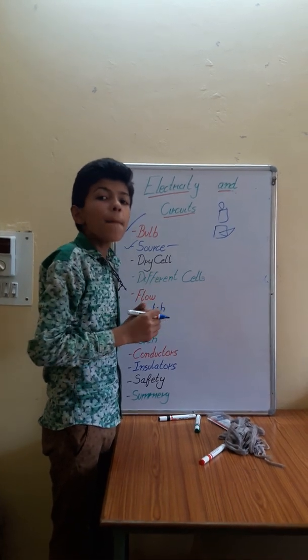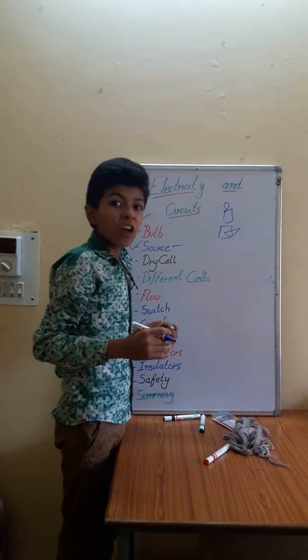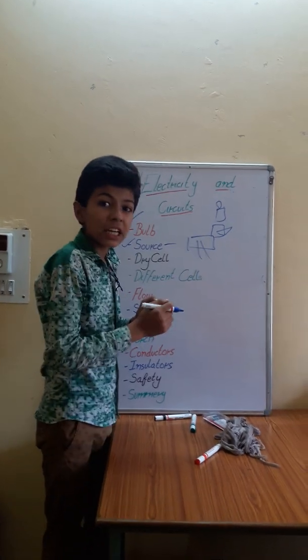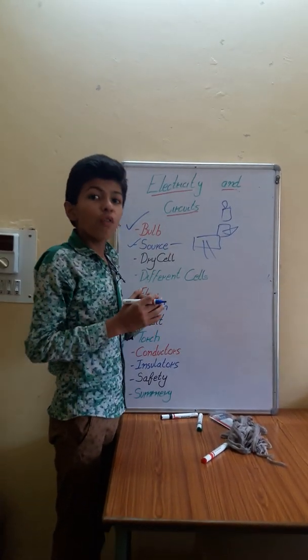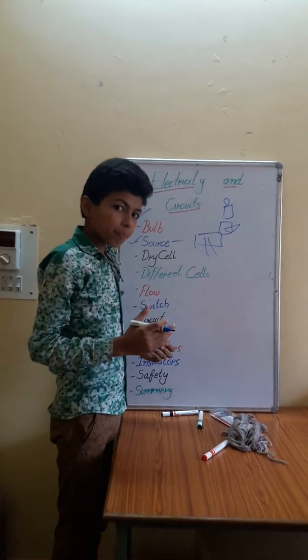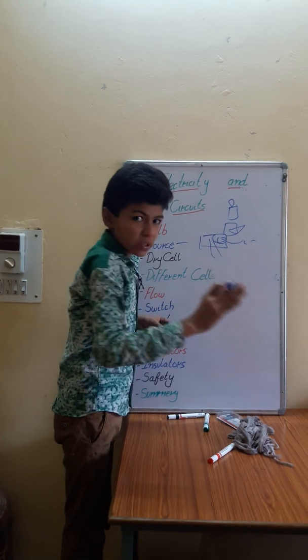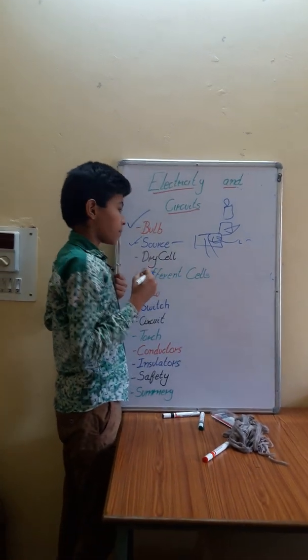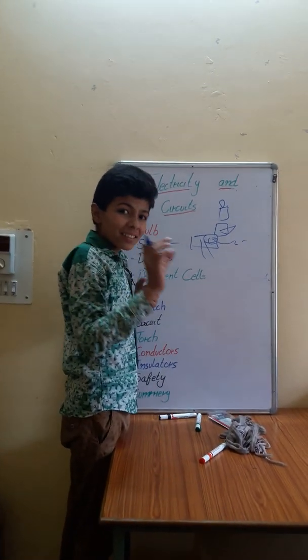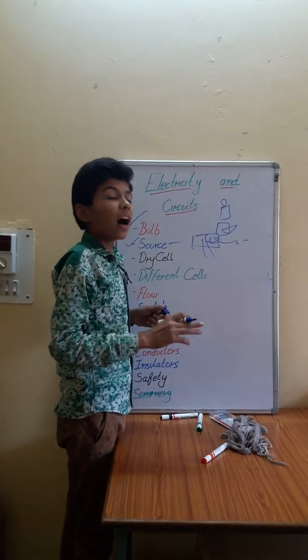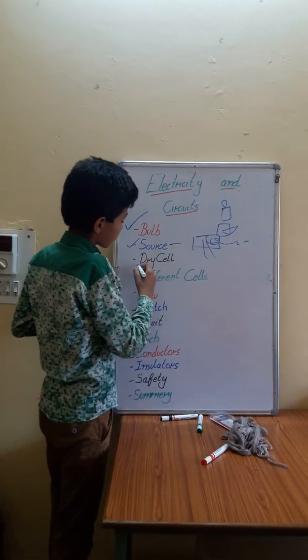But for large scale production, we use a dam, hydroelectricity, or the flowing of water and steam. In that, the electricity is produced and then transferred to us. The dry cell is the most convenient source on our earth.